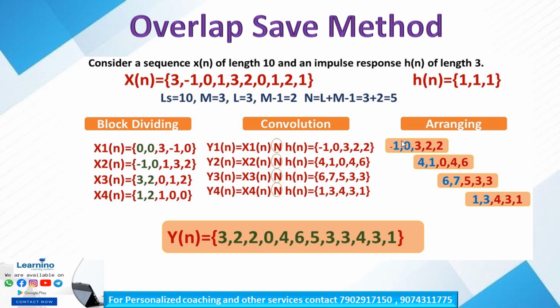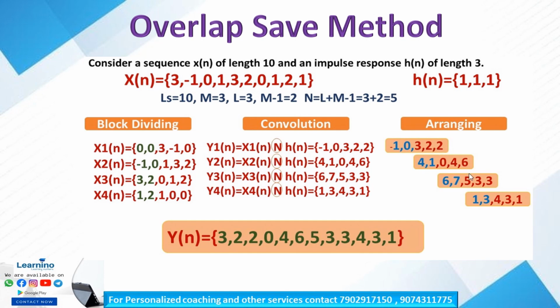Actually we are rejecting the 2 points, that is m minus 1 points, just as we took the 2 points from previous blocks. In a similar way, we reject 2 points, that is m minus 1 points, from each of the convoluted results, and we take the 3 data points, that is L is equal to 3.